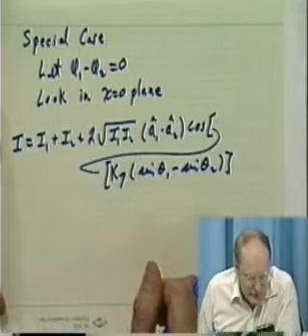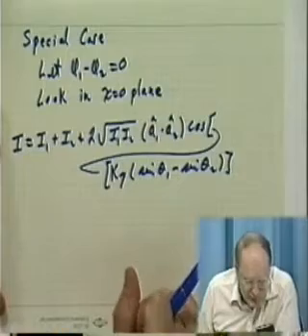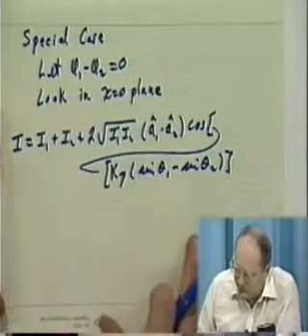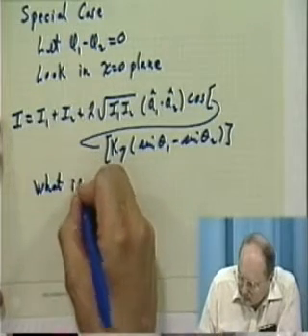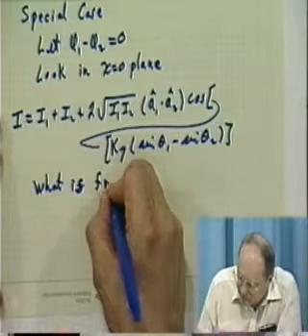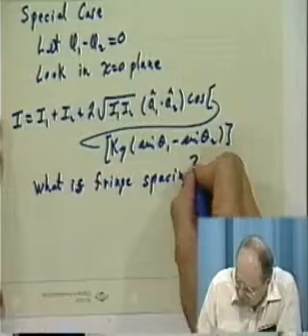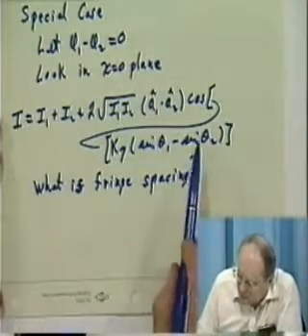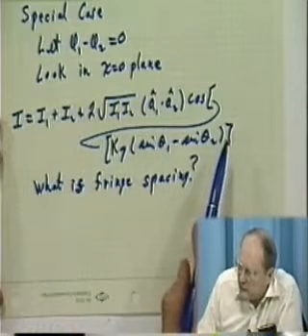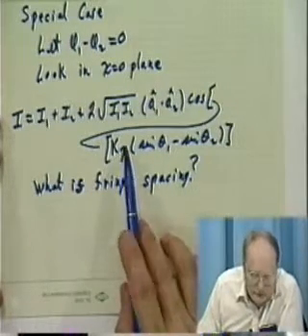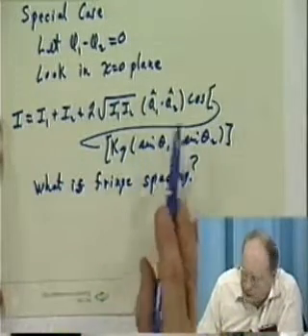And so maybe the first question I want to look at, I'm going to look at bright fringes, and I'm going to say, what is the spacing of these fringes? We know we have straight line fringes. What is the fringe spacing? Well, for a given fringe, this is equal to an integer times 2 pi. And if I go to the next fringe, the integer number will change by 1.